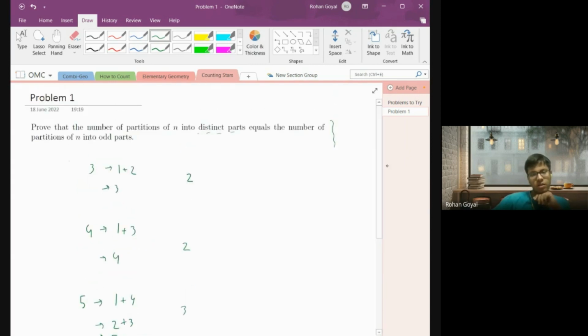So now the other is number of partitions of n into odd parts, so each part should be odd.